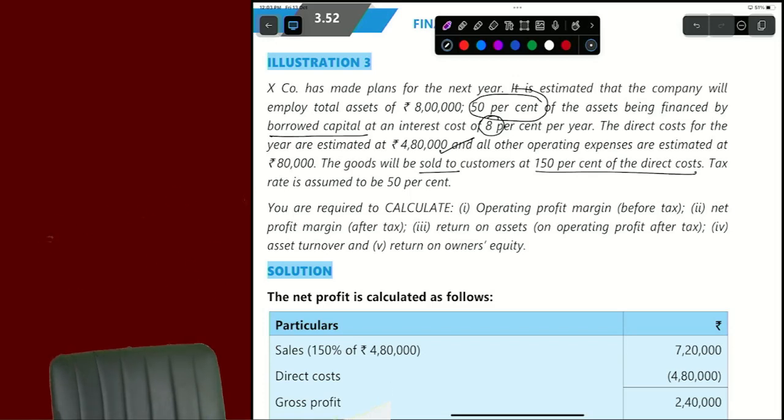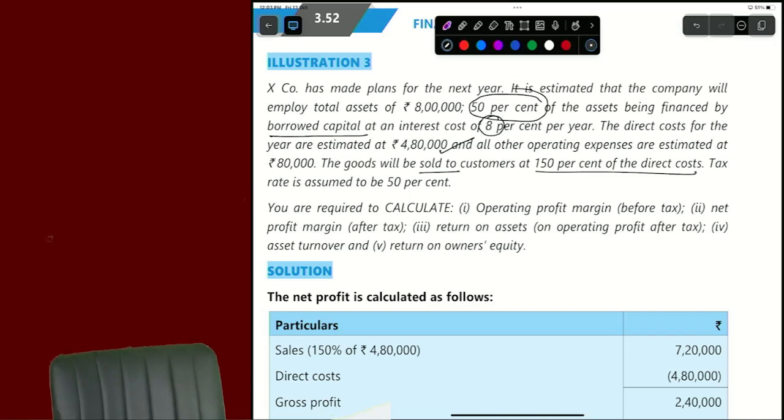Okay. Next. Question number 3. What is that? Return on assets. Very important. This is the only thing I have to tell. See there. He is asking very clearly. Return on assets means we can write return by total assets. But clearly he is asking after tax calculations you take. Very easy. No, wrong. Listen carefully.